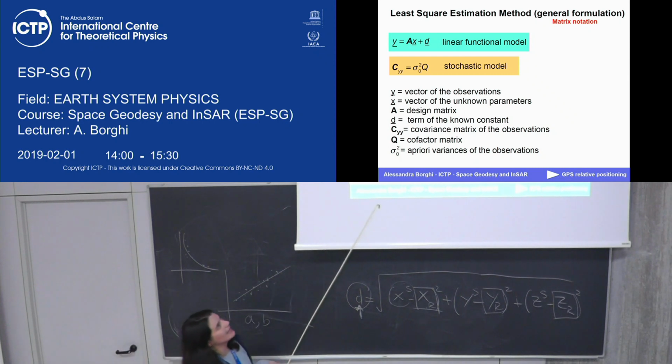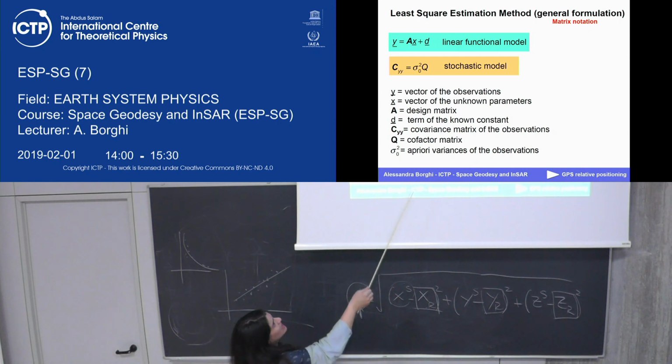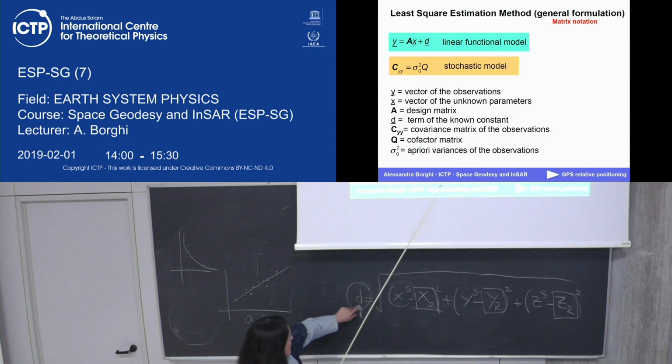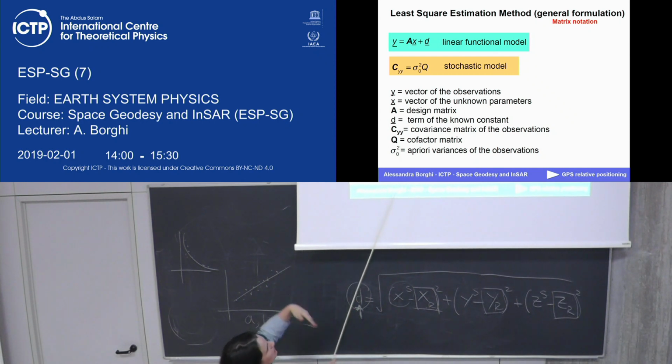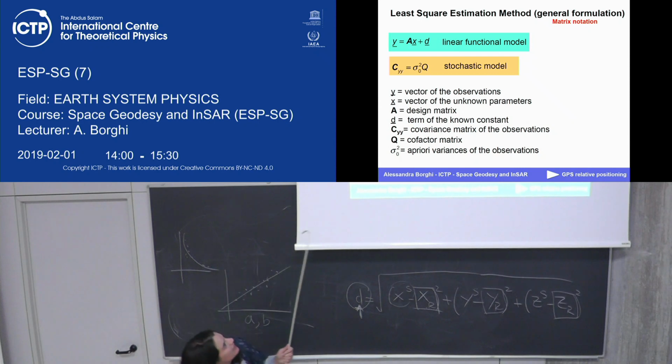Y are the observations, in this case the double differences, and X is the unknown parameter vector. D are constant values, like B, the intercept, in the simple case.